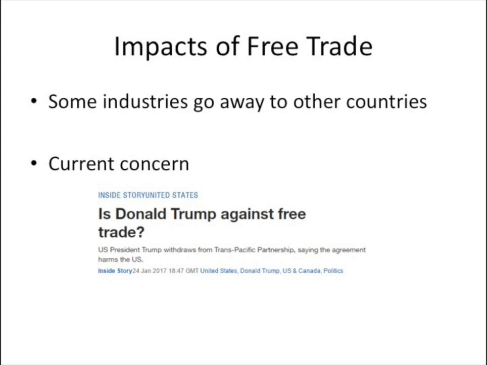Did our manufacturing abilities leave the U.S. because of unfair trade, in his way of stating it? So the fact that industries leave does happen and is often a concern and is a current concern in the United States.